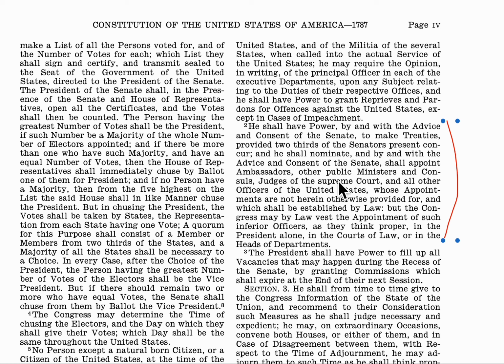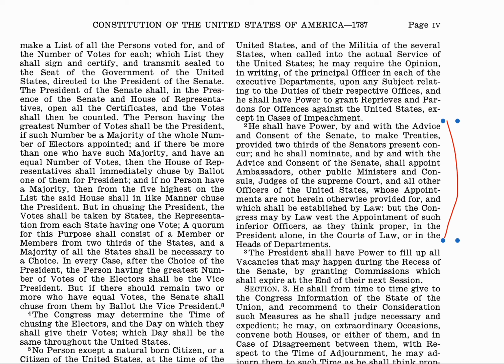Appoint ambassadors, public ministers, consuls, judges of the Supreme Court, and all other officers of the United States, which would include the military officers known as military and naval, or land and naval forces, whose appointments are not herein otherwise provided for, and which shall be established by law. But the Congress may by law vest the appointment of such inferior officers as they think proper in the President alone, in the courts of law, or in the heads of departments.